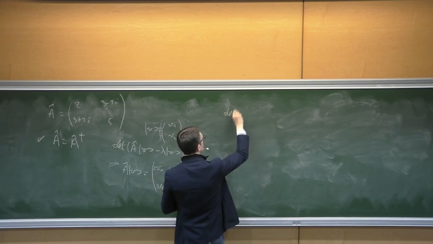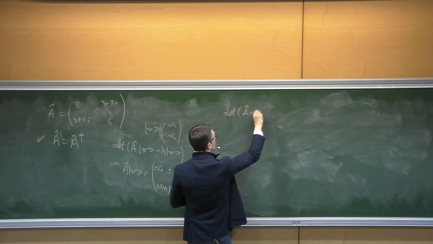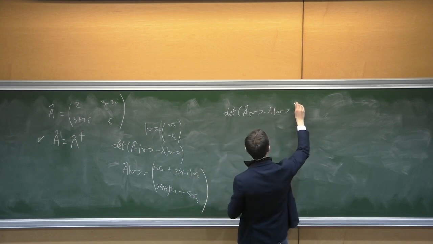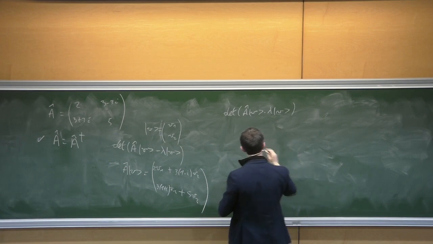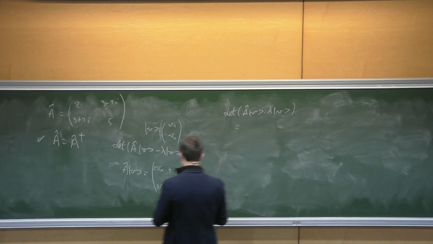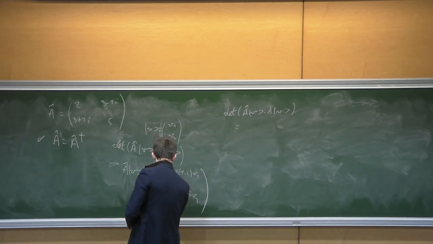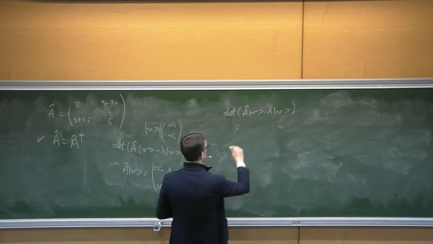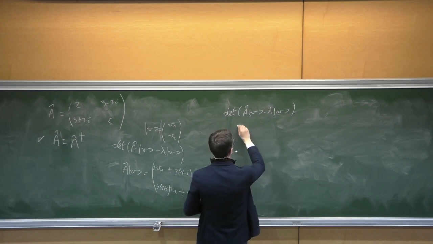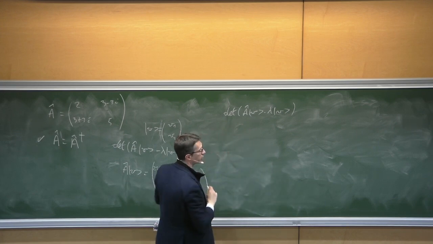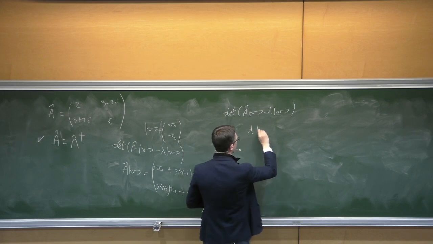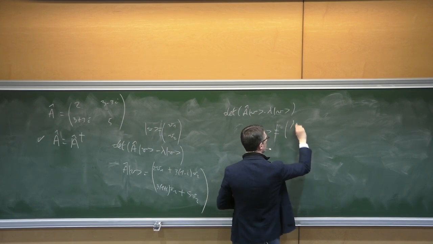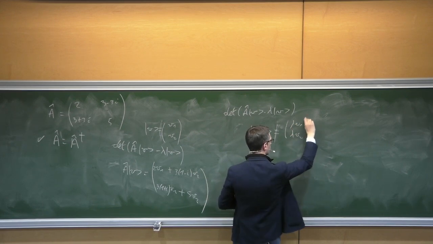Then the determinant of A V minus lambda V is going to be, I'm not going to do it all anyway, but lambda V is simply lambda V1, lambda V2.